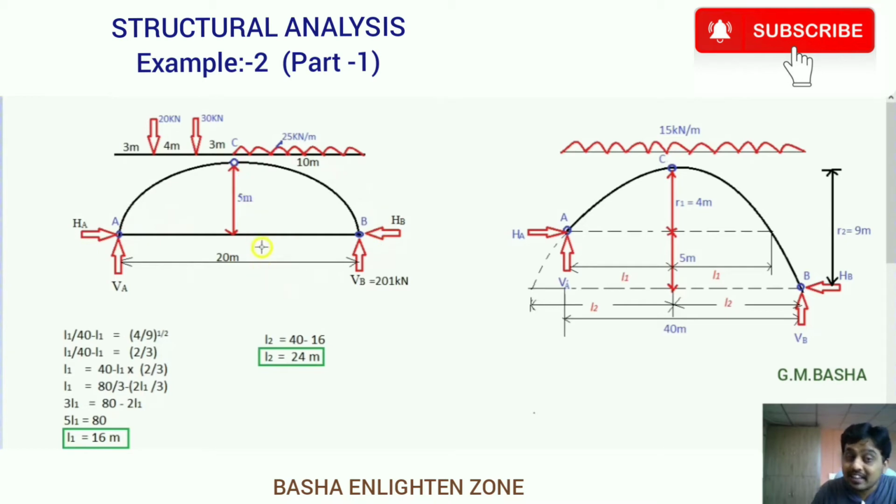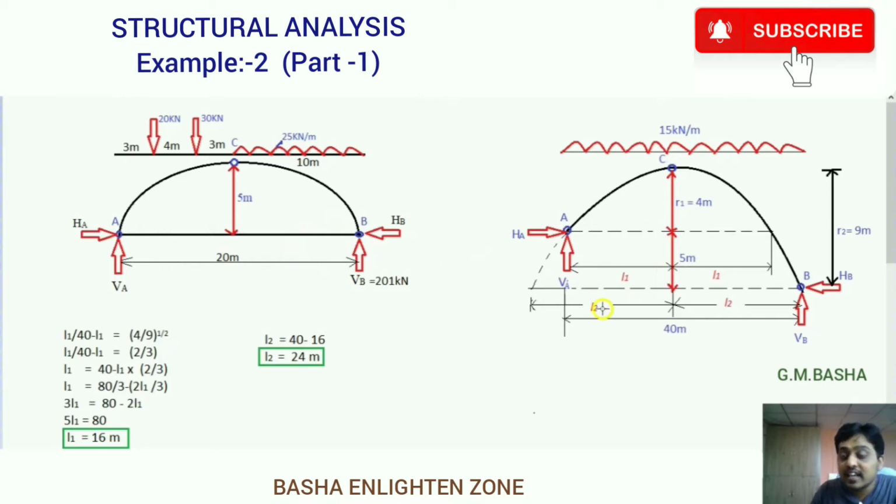The rise will be exactly at the center for this type of arch, springings at the same levels. The length on the left side will be exactly half of the total span, that is L equal to 20 meters, so the left part will be 10 meters and the right part 10 meters.